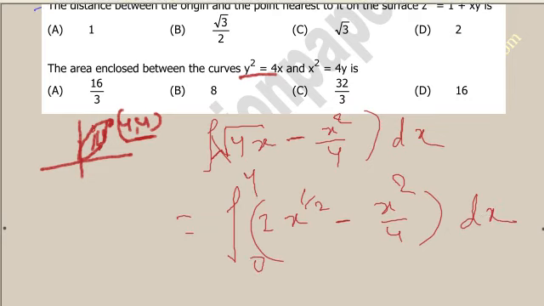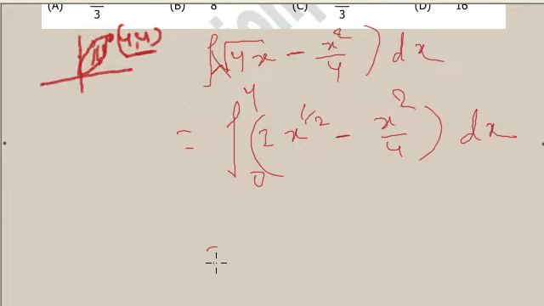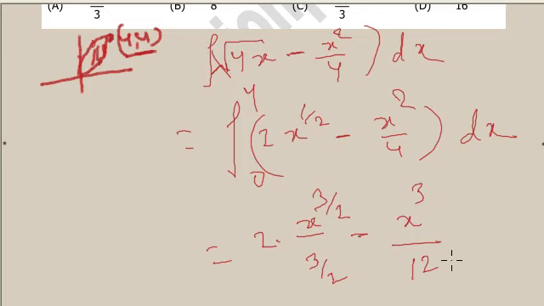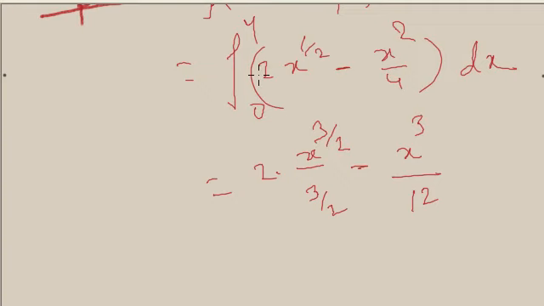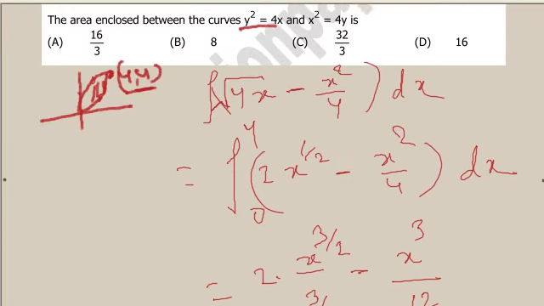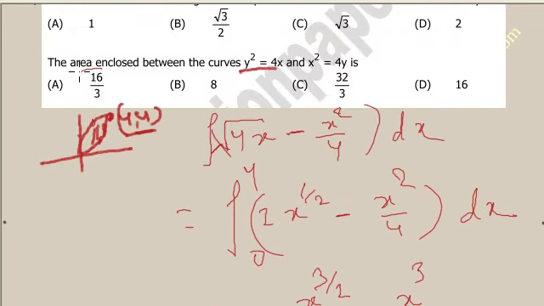If you find the values, this is 2 into x to the power 3 by 2 divided by 3 by 2, minus x cube divided by 4 into 3, which means 12. If you solve this, if you put in 4 and 1, you will get 16 by 3. So the answer is 16 by 3.